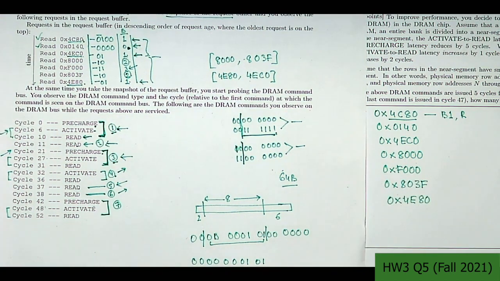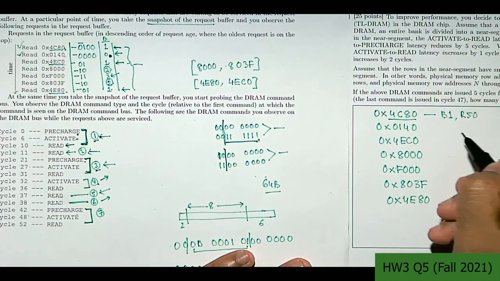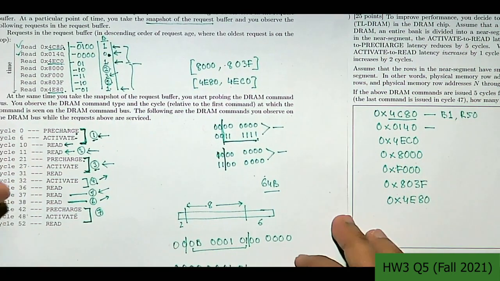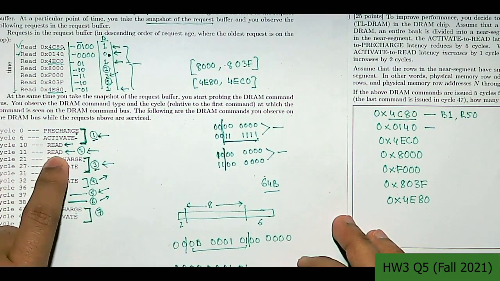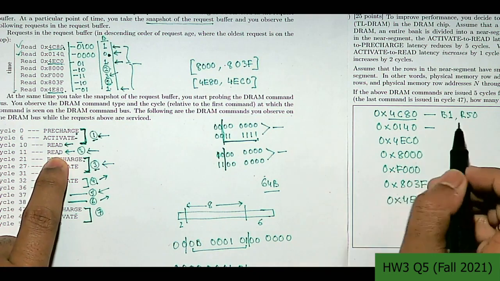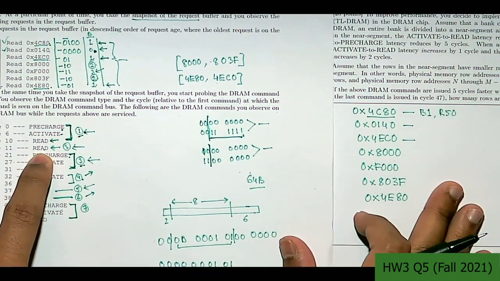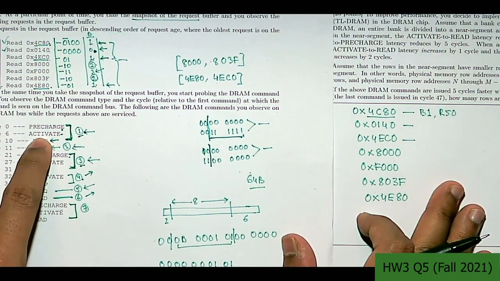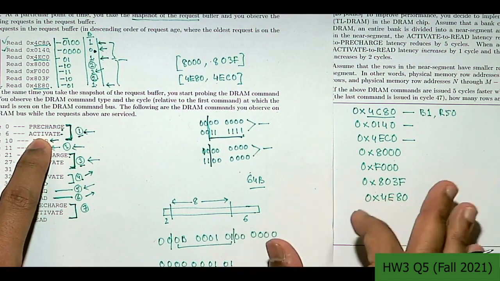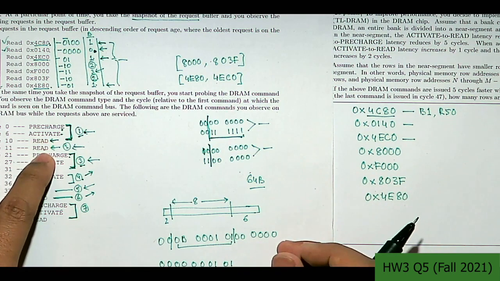I have the row calculated somewhere. Okay, so this is row number 50. This is just a read command for the second guy, so let's not consider that for now, because these are not creating any activate request.